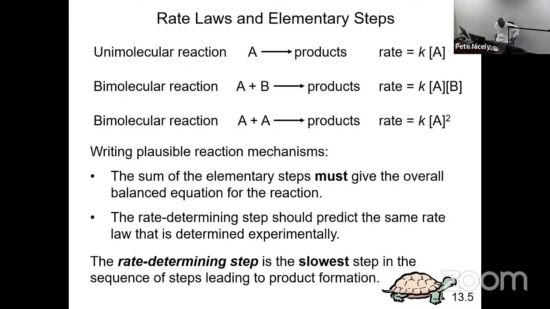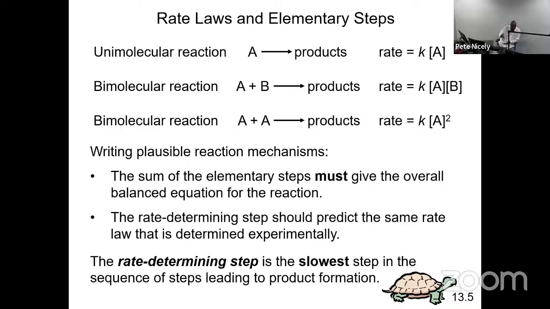The rate determining step of a multi-step reaction is the slowest step, right? The reason it's called a rate determining step is that the slowest step determines the overall rate of the reaction. In other words, the overall reaction rate cannot proceed faster than the rate determining step.